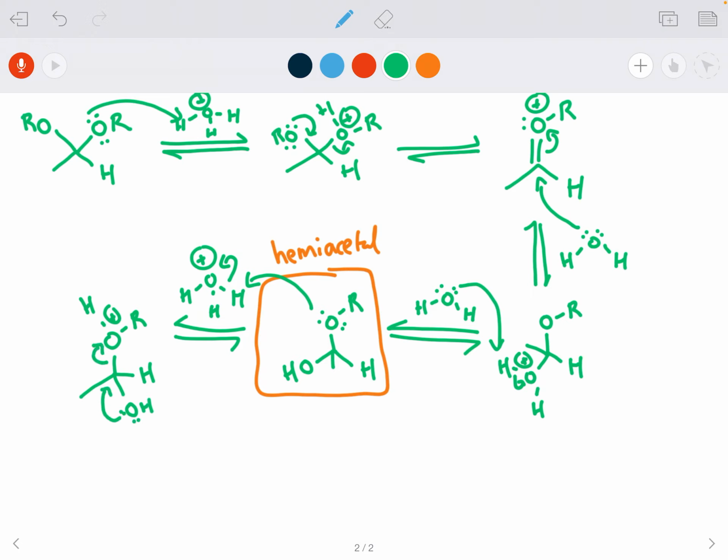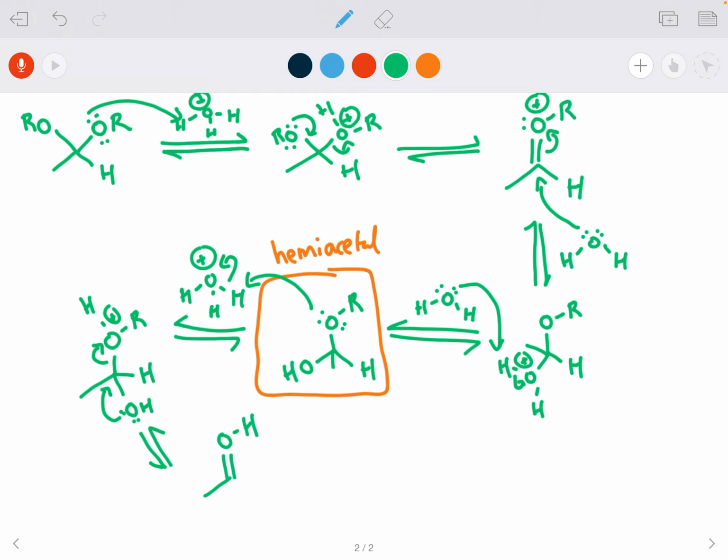So a lone pair from the oxygen moves down, kicks off the ROH group, to give whatever that alcohol would be. If the R group's a methyl, it would be methanol, it could be ethanol, etc.